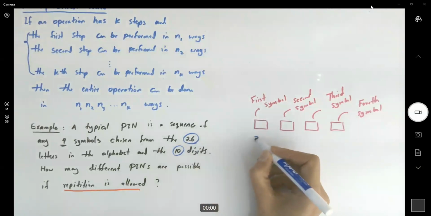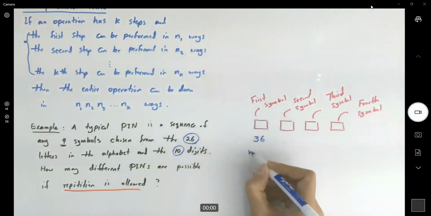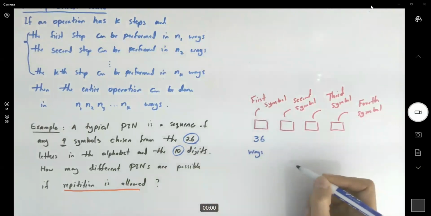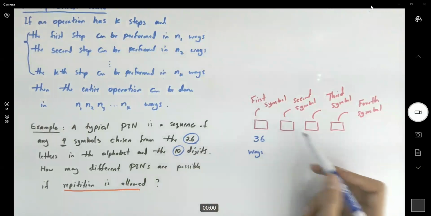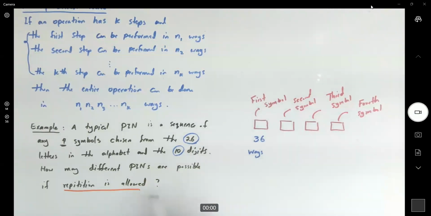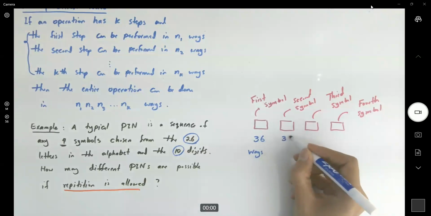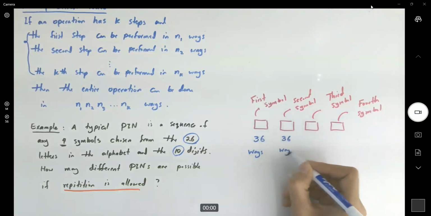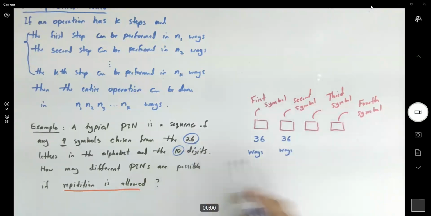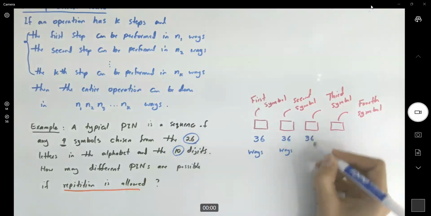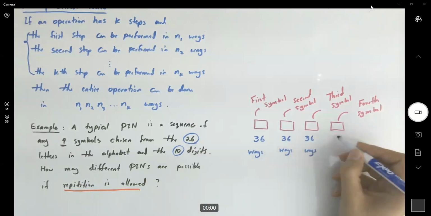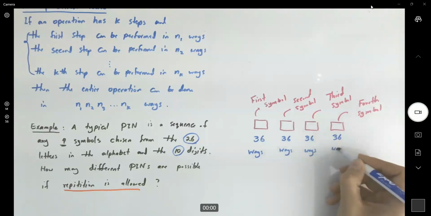So you're going to have 36 ways, 36 options. What about the second symbol? For the second symbol, since the repetition is allowed, you can use 36 symbols, letters and digits. For the third one, 36 ways. For the last one, 36 ways.